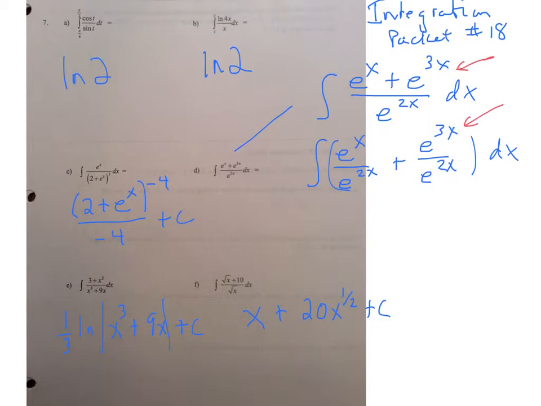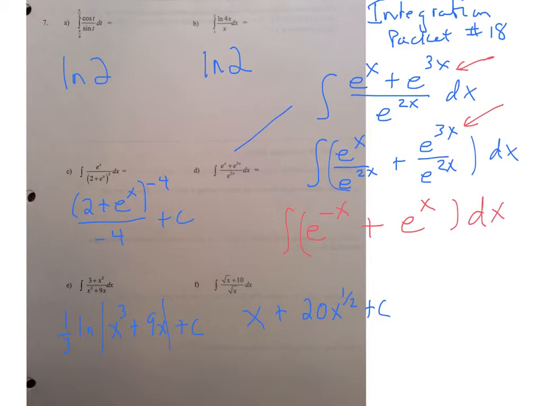Now if we do some division, all the terms have the same base, which is e. If you have the same base, you just subtract your exponents. So the first term becomes e to the negative x, and the second term will be e to the x.